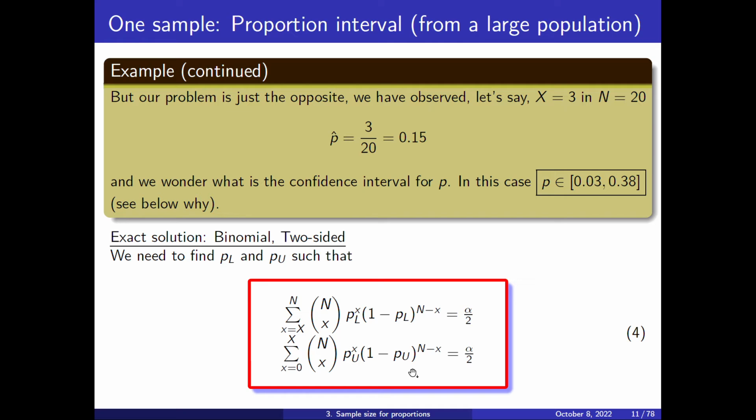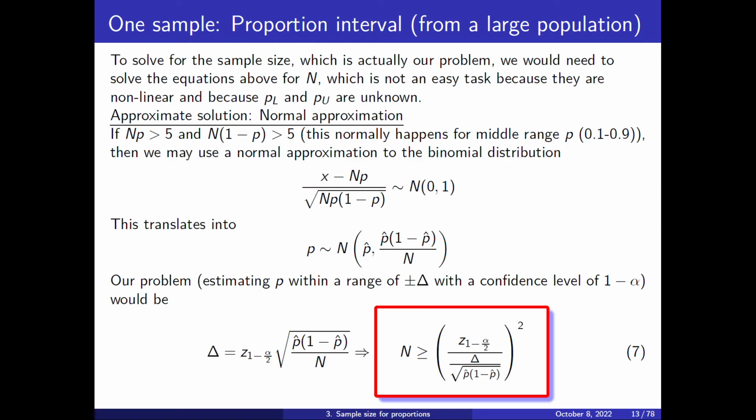So are there approximations? In reality there are. We can use the normal approximation. The normal approximation can be applied when n times p is larger than 5 and n times 1 minus p is larger than 5.